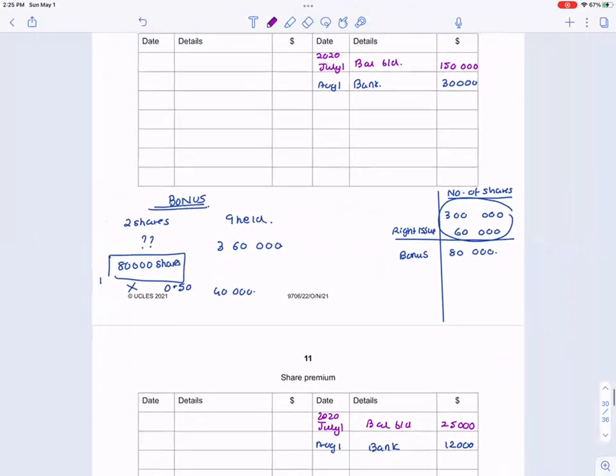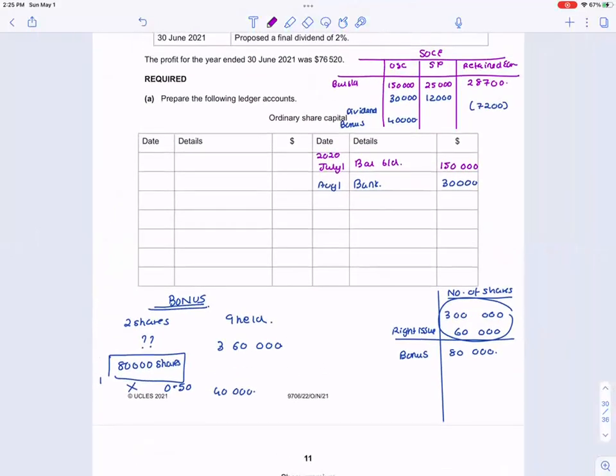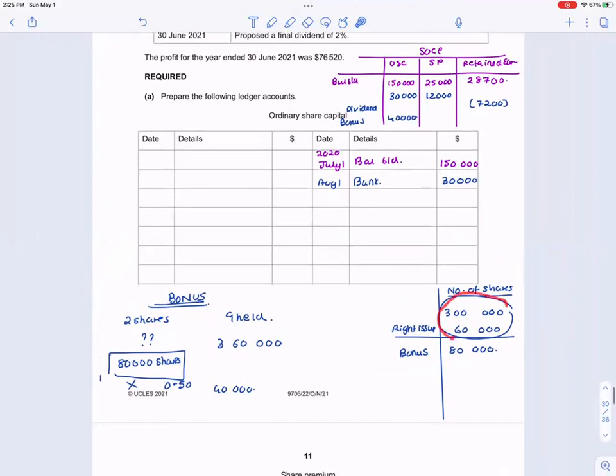Can we explain the bonus part? Yes. 2 shares for 9 held. How many shares you hold? We hold 360,000. So how many shares you will give as bonus? 360,000 into 2 upon 9 is 80,000.